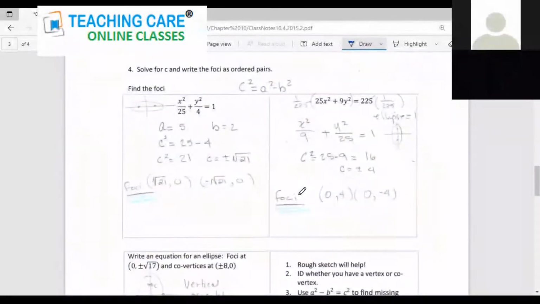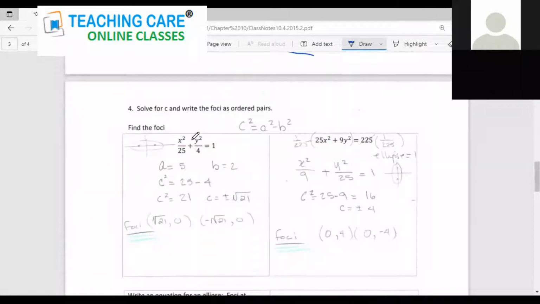For example, see this problem. Now I'm going to find the foci here, that is the C value. Here, A is equal to 5 and B is 2. Which is bigger? Obviously, A is bigger, so it is horizontal. So C squared is equal to A squared minus B squared, so 25 minus 4, which is 21. C is plus or minus square root of 21.